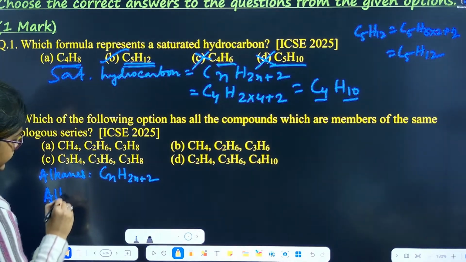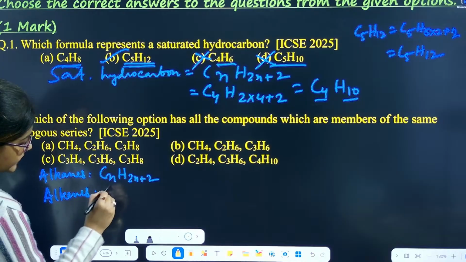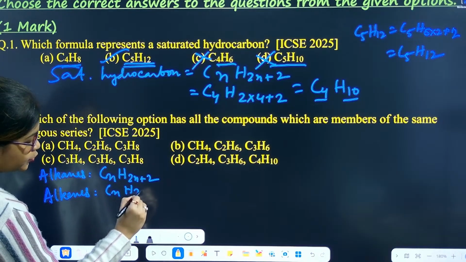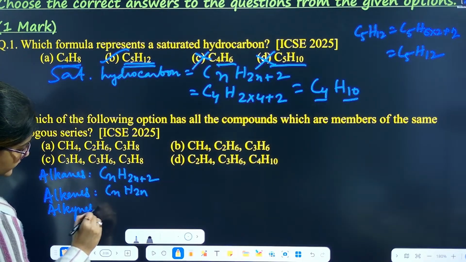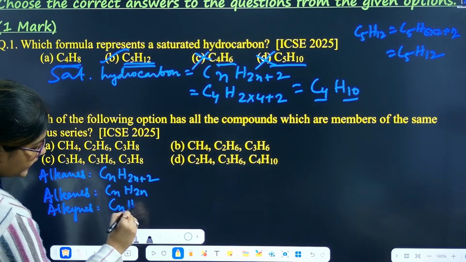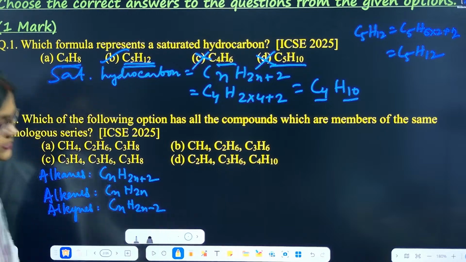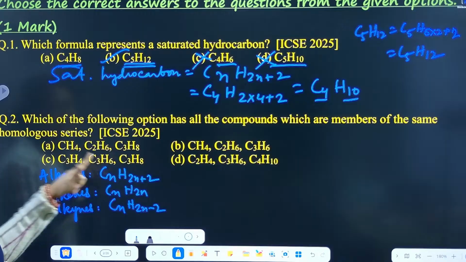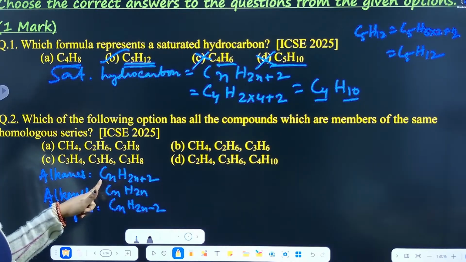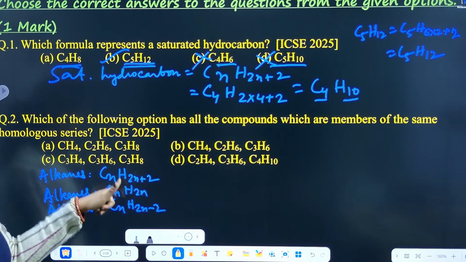For alkenes, it is CnH2n, and for alkynes, it is CnH2n minus 2. So if you put the first series, CH4, that means C is 1, H is 2 into 1, 2, plus 2, 4.